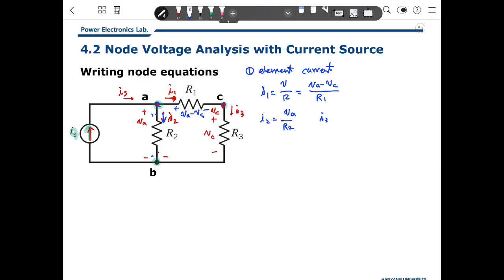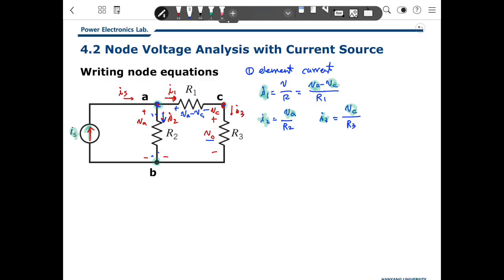And I3 is VC over R3, because we defined VC here. So as you see, I1 is a function of VA and VC, I2 is a function of VA, and I3 is a function of VC. So all currents can be expressed by the node voltages VA and VC.